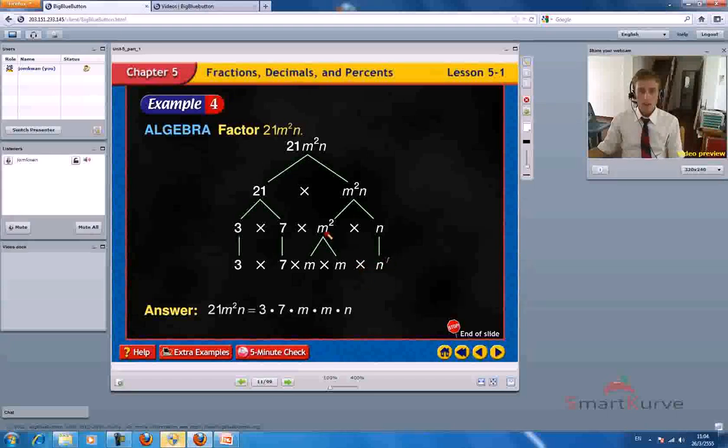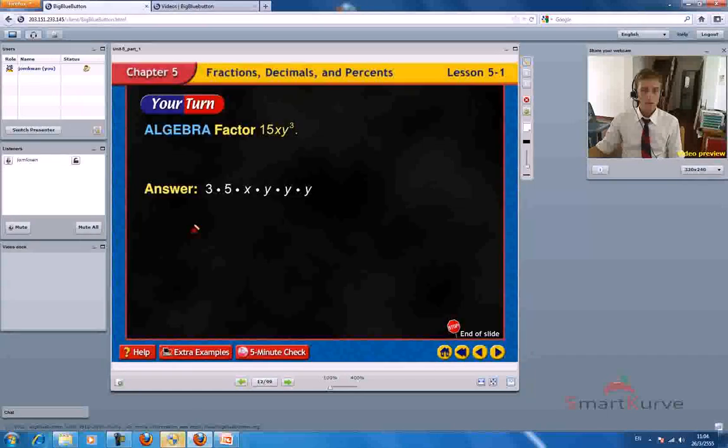There's no other number, n to the 1. M squared can then be factored into m times m. 3 is prime, 7 is prime, m to the 1, m to the 1, and n to the 1. So the prime factorization of 21 m squared n is 3 times 7 times m times m times n.